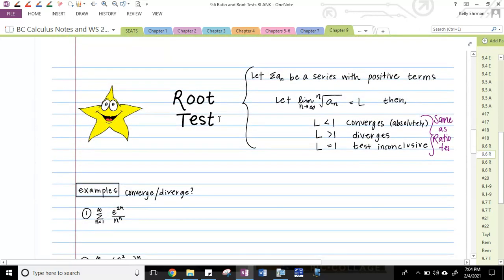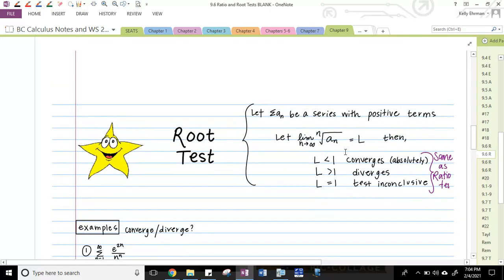All right, what about the root test? Notice that the conditions about the limit are the same. If the limit's less than 1, the series converges. If it's greater than 1, diverges, equals 1, inconclusive. What does this root test say? So you're going to have some sort of series that's some sort of expression raised to the n power. And the expression will often have an n within it, so like an n to an n.